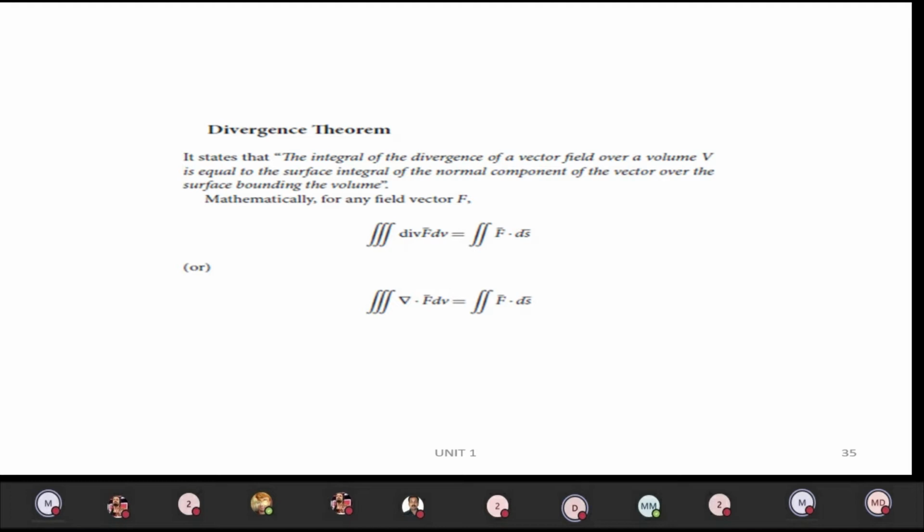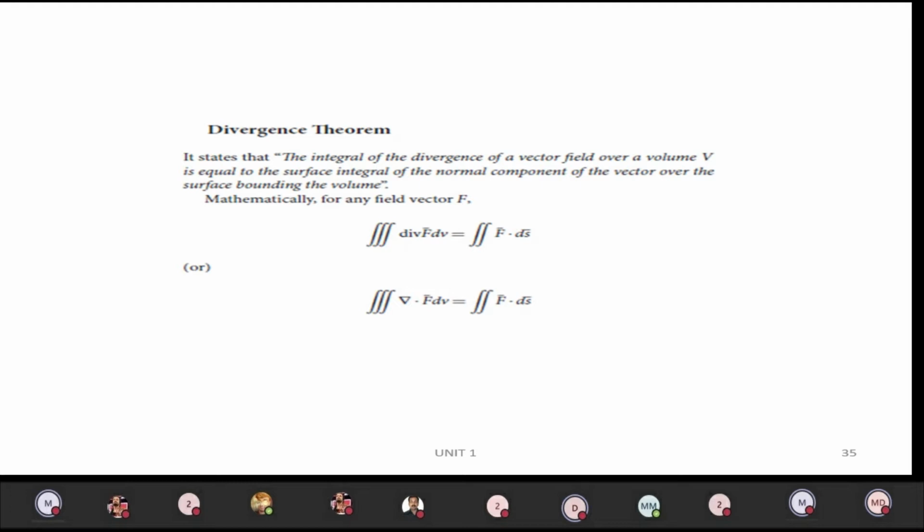According to this divergence theorem, the integral of the divergence of the vector over a volume V is equal to the surface integral of the normal component of the vector over the surface bounding that volume. For example, I have one vector.